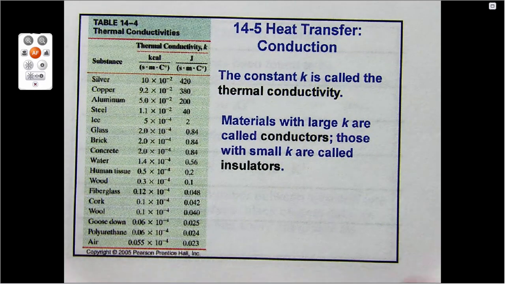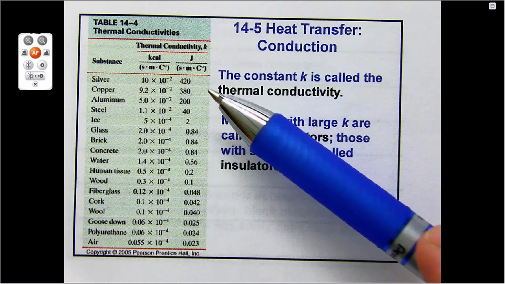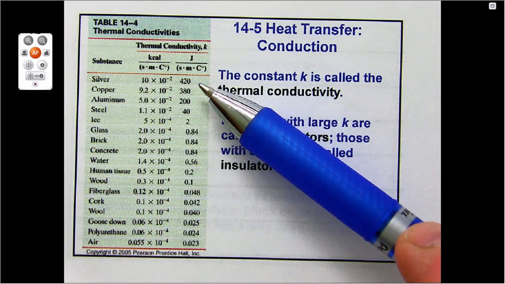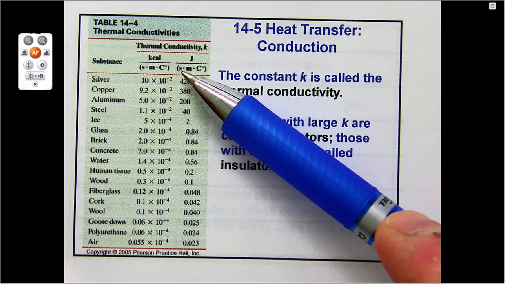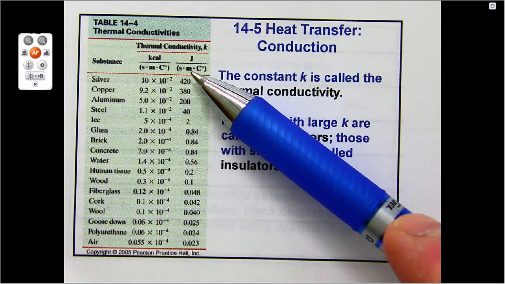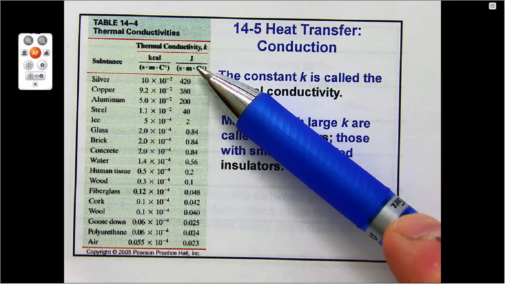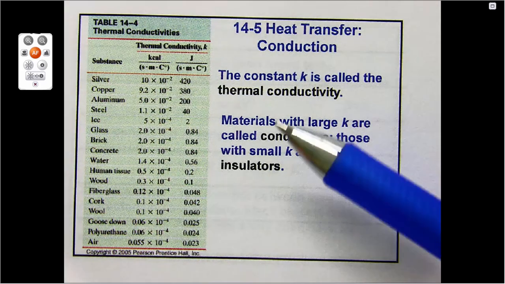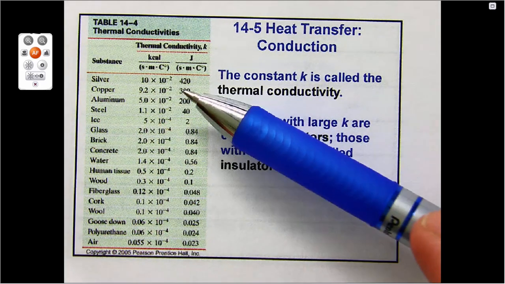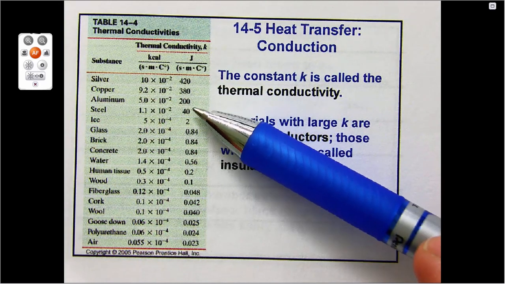These are the values we have at least. And I'm looking at the right side. This is in joules. What's the S going to be? Seconds. This is going to be meters, degrees Celsius. Because we've got thickness in here, right? We've got thickness. So it looks like heat's going to go through silver pretty fast. We got copper, aluminum, steel, and so on.